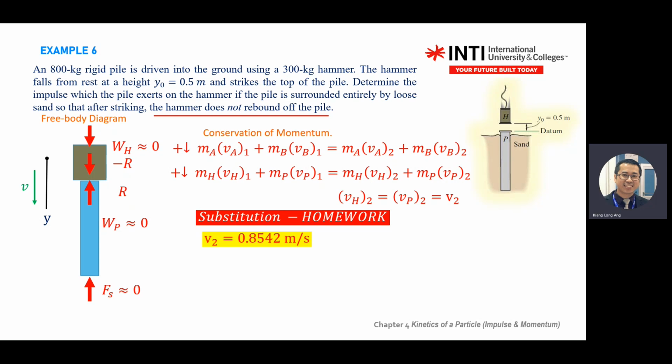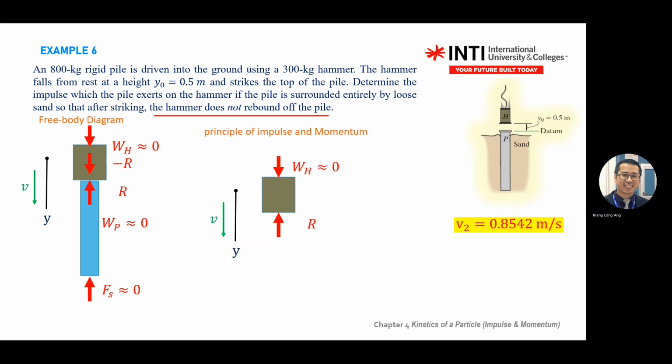Okay. Now, conservation of momentum, you look at the big picture, what happened before, what happened after. Normally, what you can find is the velocity. Once you have velocity number 2, you're able to use the principle of impulse and momentum. Just now, I explained when you use impulse and momentum. Principle of impulse and momentum, you look at the individual body.